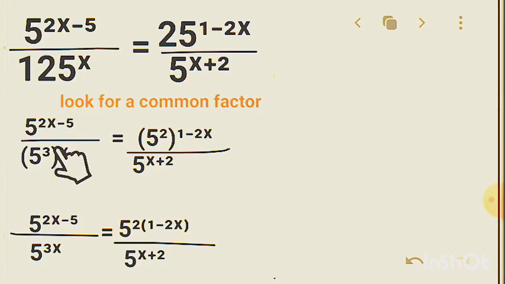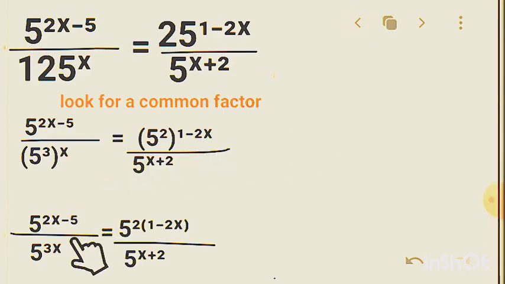Now 125 is 5 raised to the power 3 and 25 is 5 raised to the power 2. So if we remove the brackets, here it becomes 5 raised to the power 3x, and here we now have 5 raised to the power 2 times (1 minus 2x).